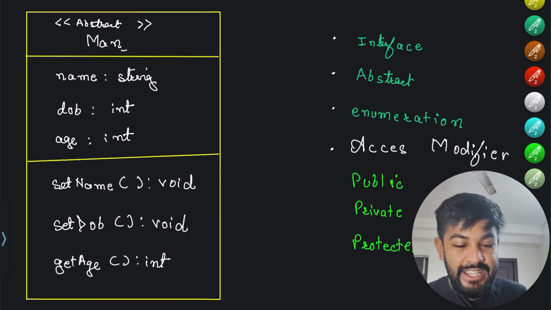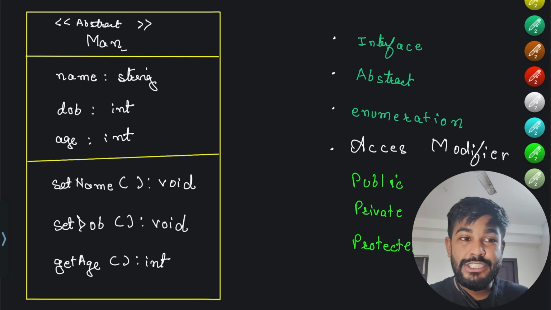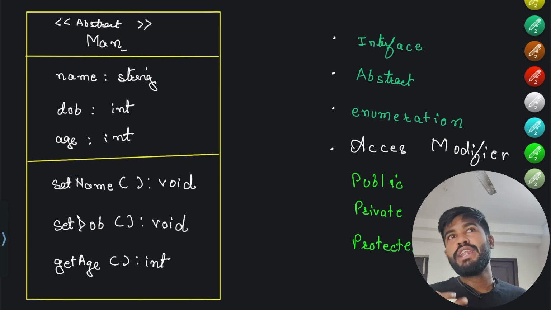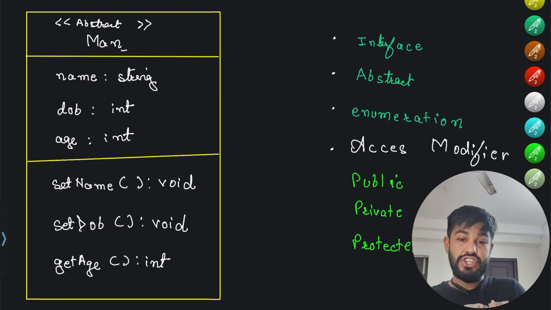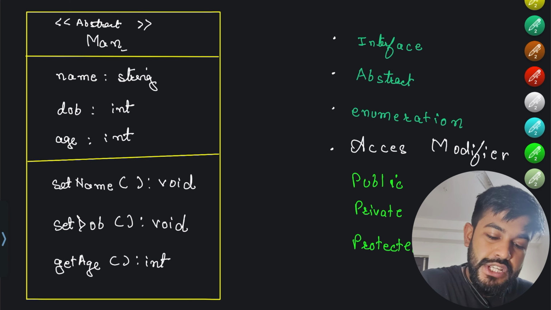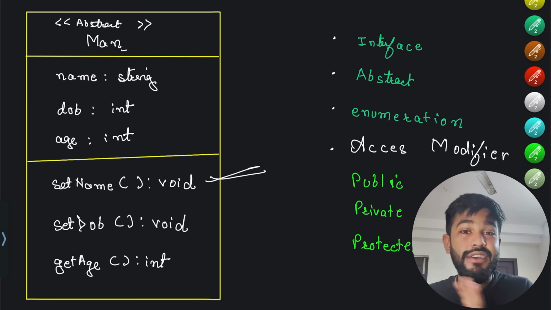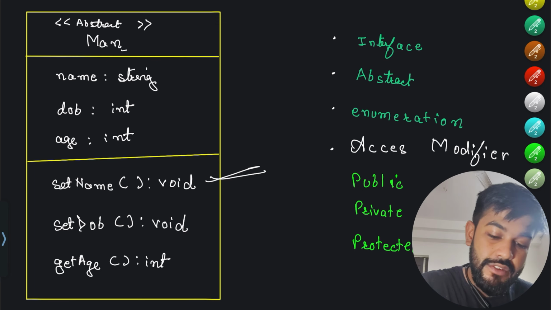Now the very next thing that we need to symbolize in a class is the access modifier, like who has access to something. Let's say in a class we have a class monitor who has a different badge on his shirt. In the same manner, let's say we have a method which is public, that is visible to everyone else.